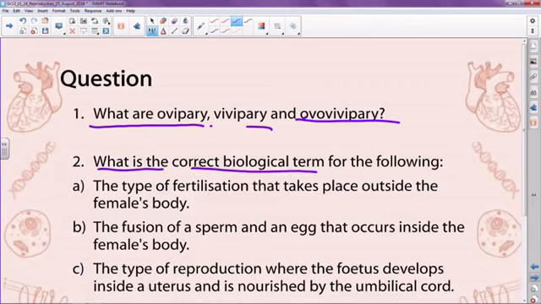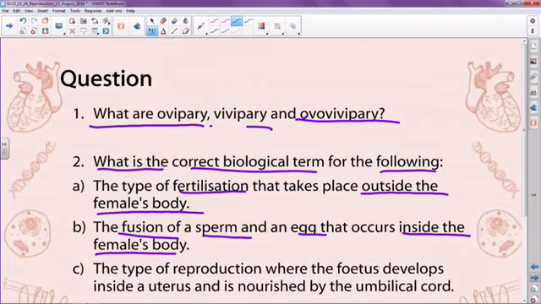What is the correct biological term for the following? The type of fertilization that takes place outside the female's body. Oh, I've given you stuff that we should remember from last time. Next one, the fusion of sperm and egg that occurs inside the female's body.